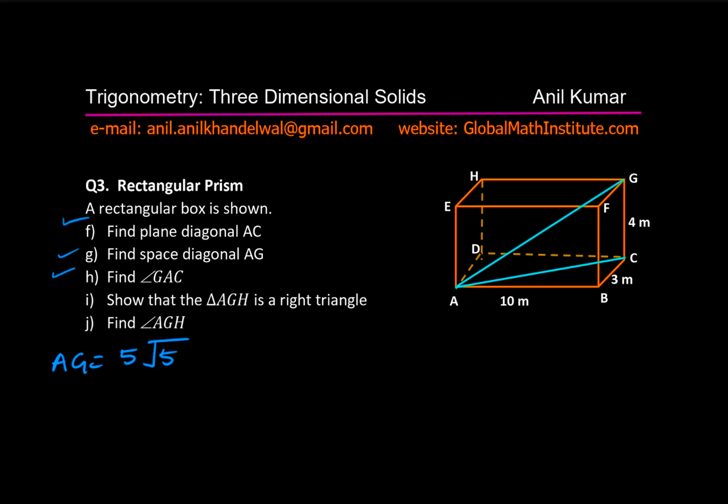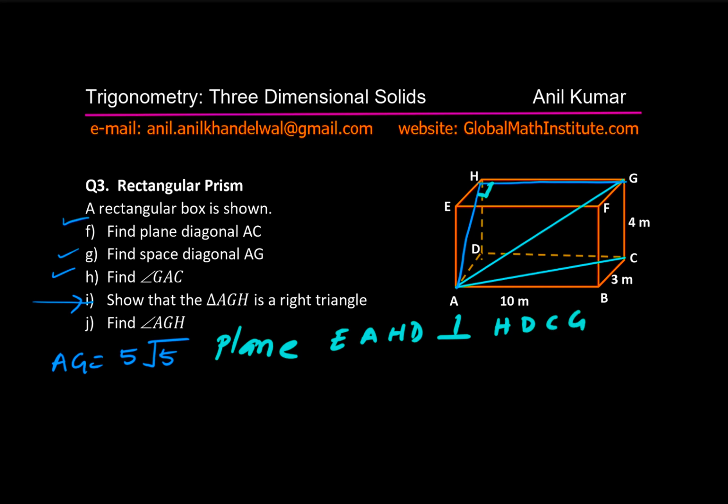Now we have to show that this particular triangle is a right angle triangle. Last time we did all the calculations. This time we are not doing a calculation. We are saying these two planes are perpendicular. So our reason is that the plane EAHD is perpendicular to HDCG.